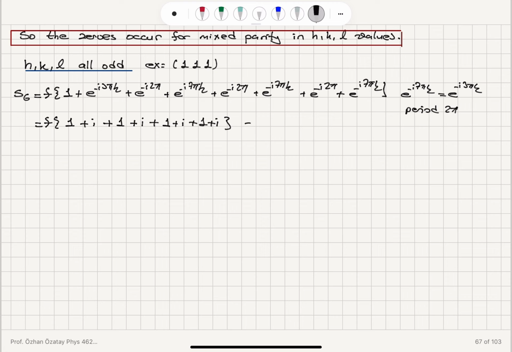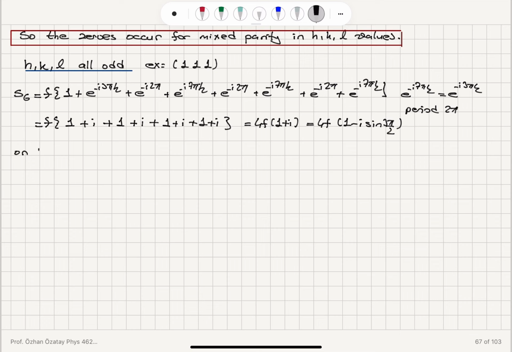So this gives us basically 4f times 1 plus i, which is 4f times 1 minus i sine 3 pi over 2. So this is what we obtain. This is one possible answer for f, 1 plus i.